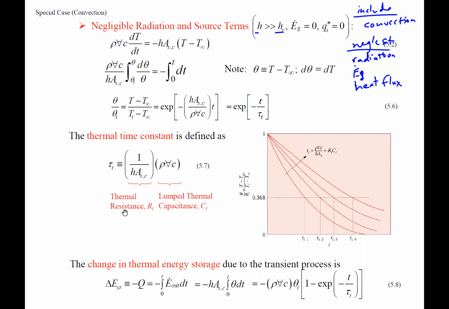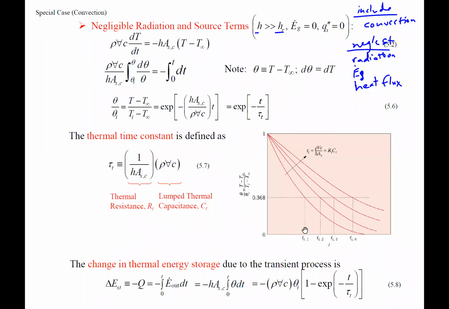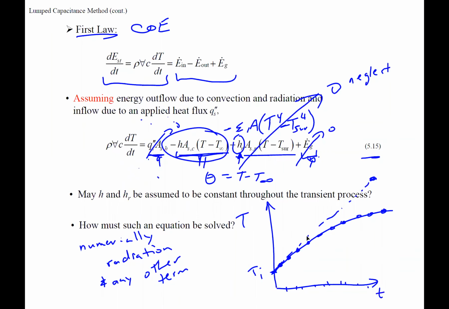Okay, so we go back to our equation here. We neglected radiation, but we're also going to neglect energy generated and our heat flux. So then all we're left with is convection. That's the two terms we're left with, and you see it here.